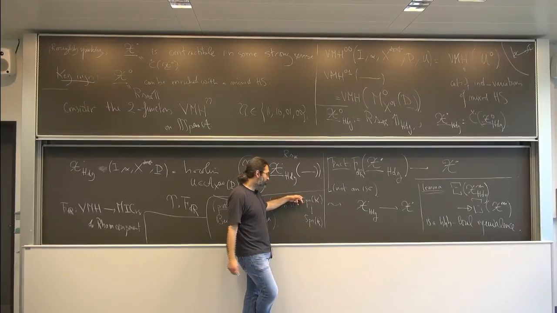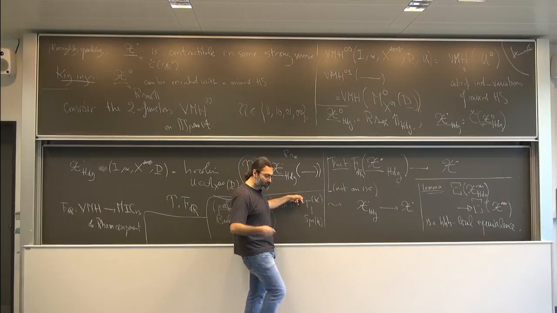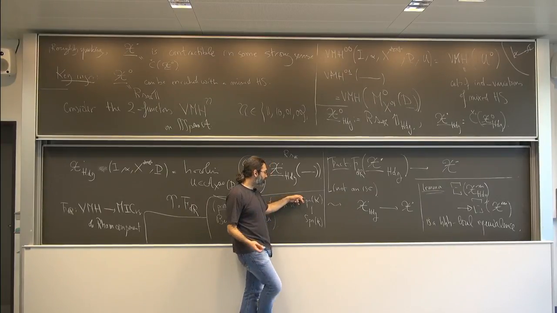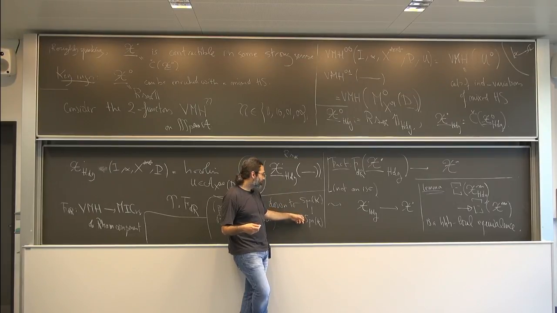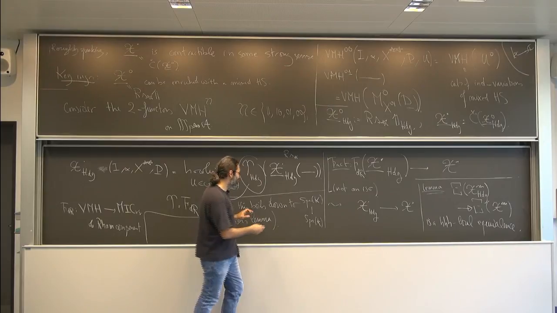This has enough injectives, so you could compute the Ext group here, or even Ext group enriched in mixed Hodge structure, for example. But a priori, it's not clear that this has anything to do with the direct image.